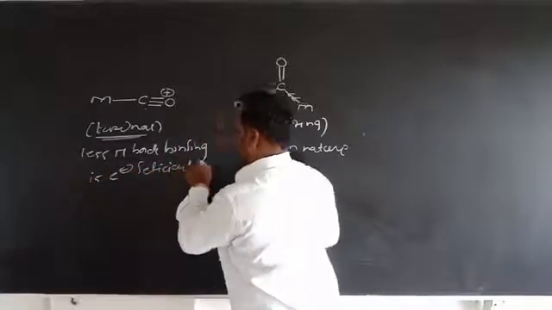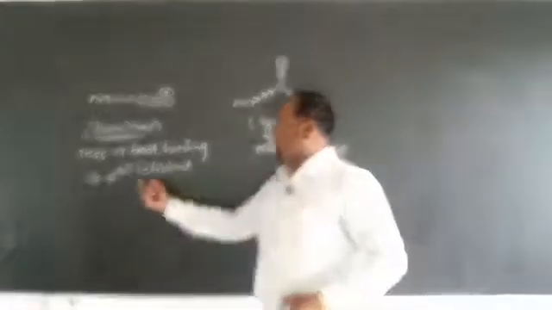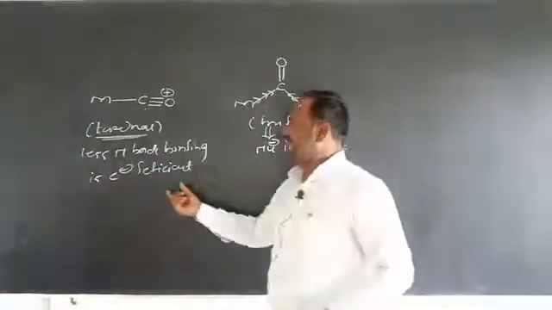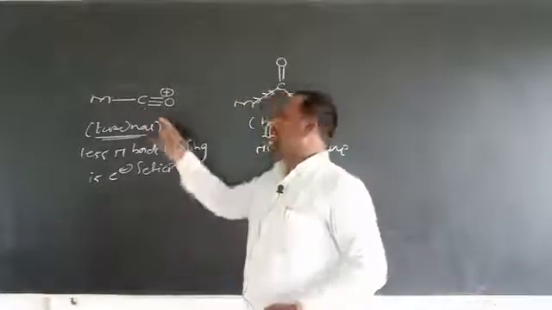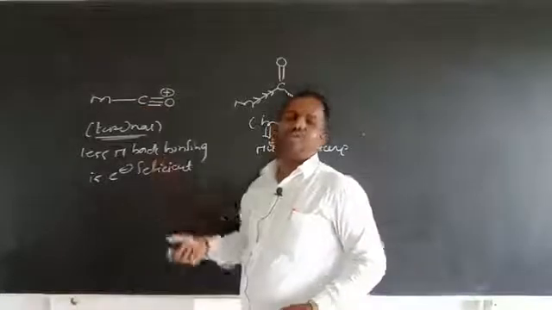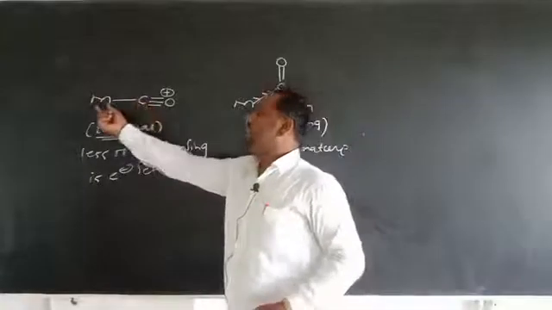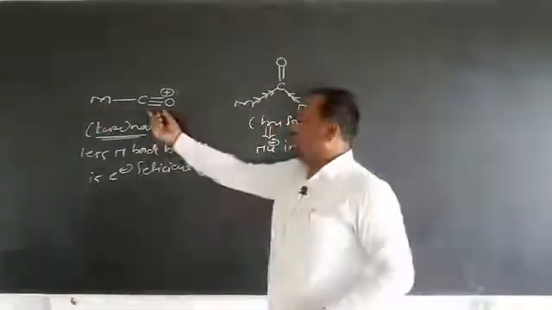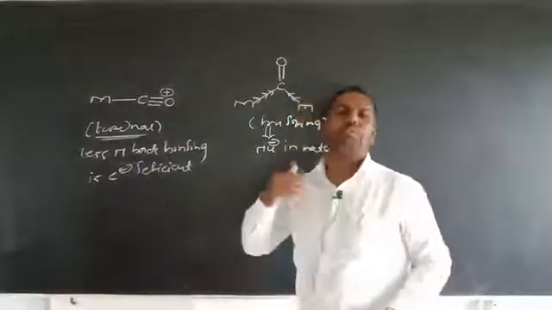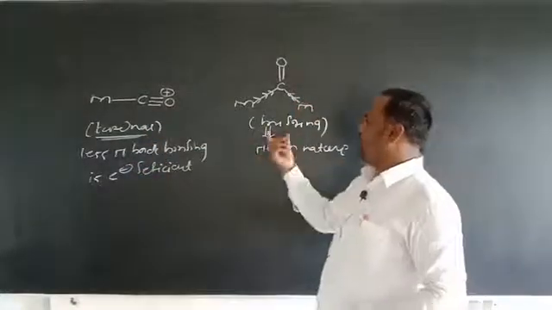When it is electron deficient, the electron rich species, that is a nucleophile, can attack on this carbonyl when it is attached to the metal atom. So this carbonyl is electron deficient, it acts as an electrophile, and a nucleophile can attack on it because there is less pi back bonding compared to the bridging carbonyl.